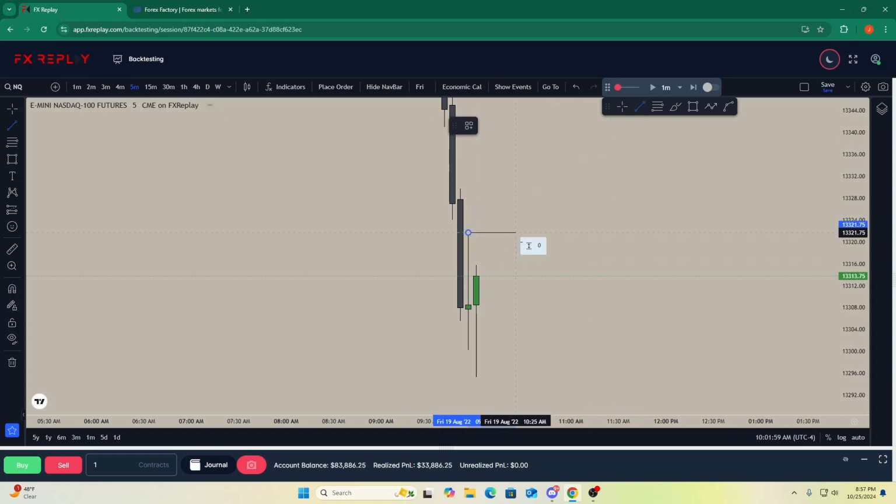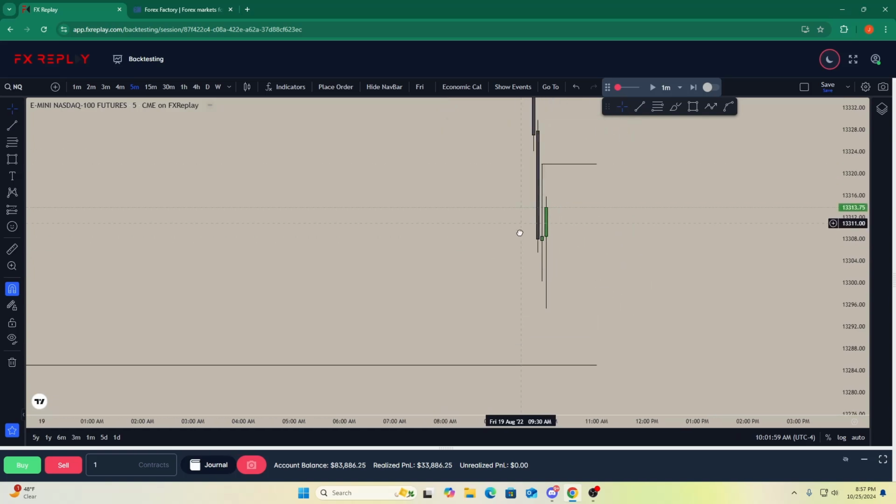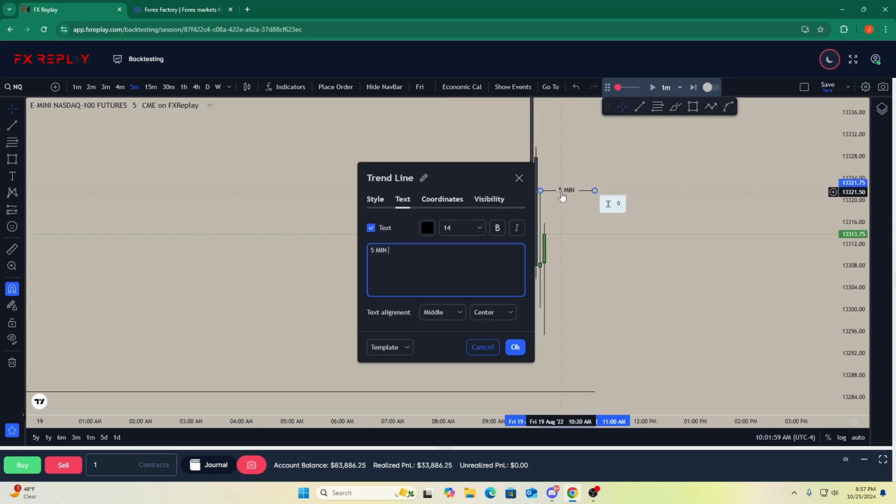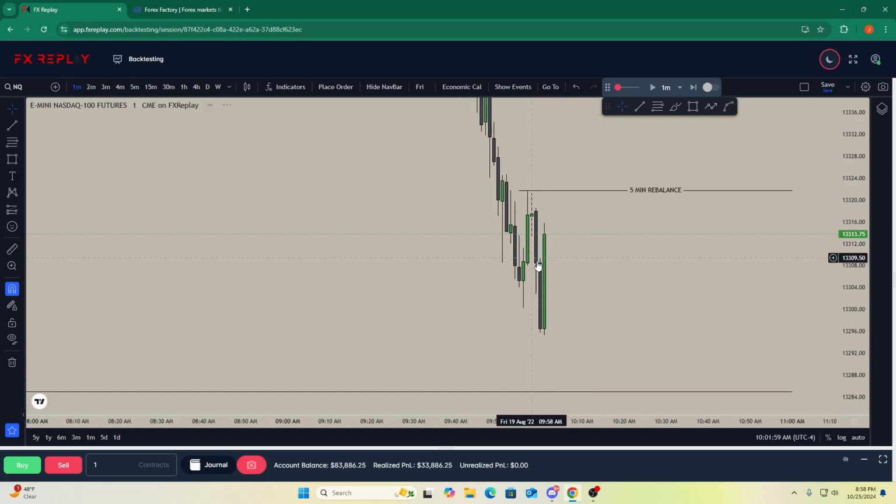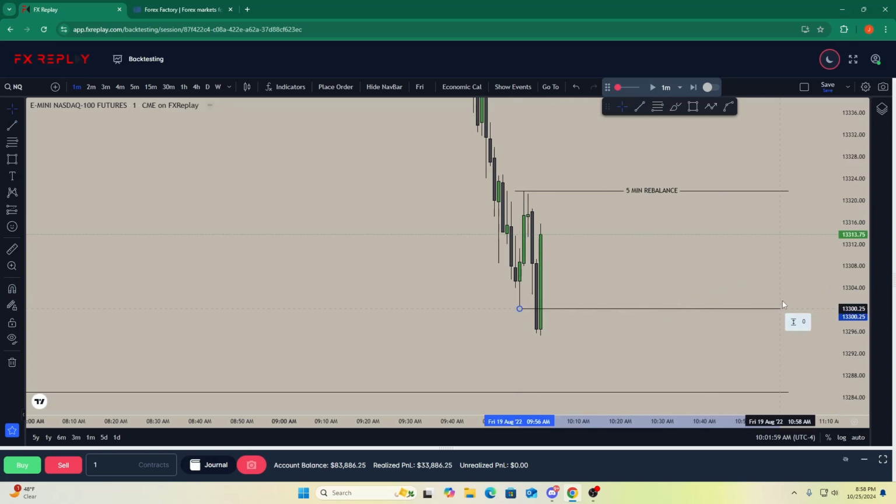Okay, I like this 1 minute. We have a 5-minute rebalance. We have a manipulation leg that swept the low, that swept sell side here.